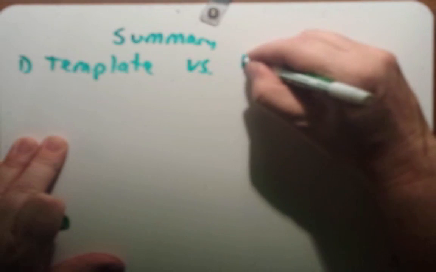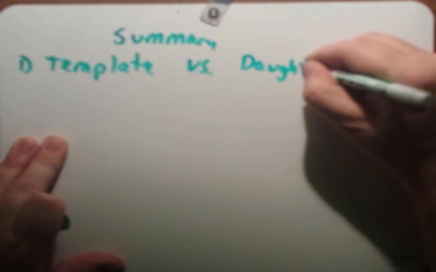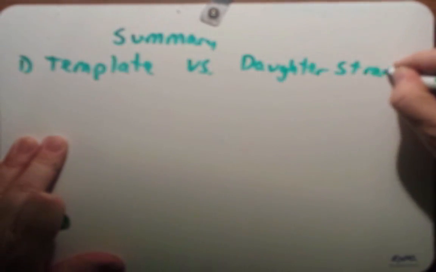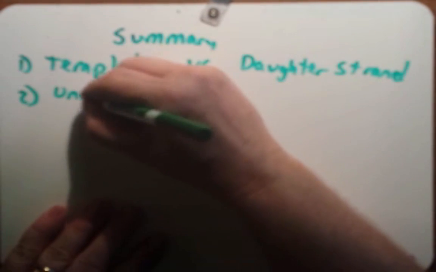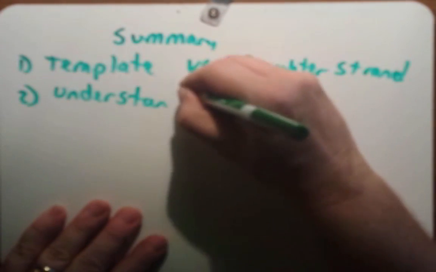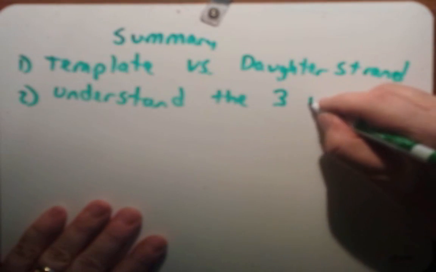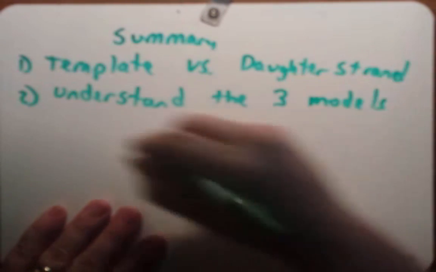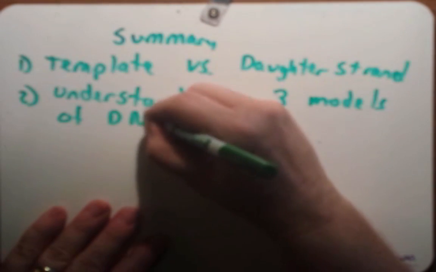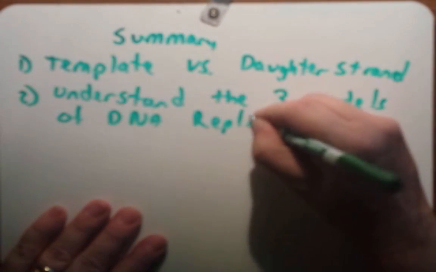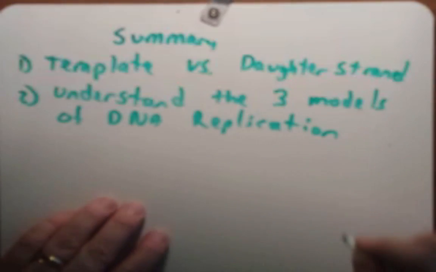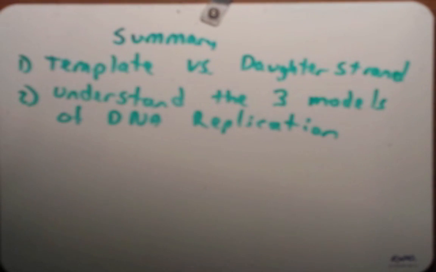So let's summarize real quickly what was in this podcast. You should know the difference between a template strand versus a daughter strand. You should understand 3 models of DNA replication: semi-conservative, conservative, and dispersive.